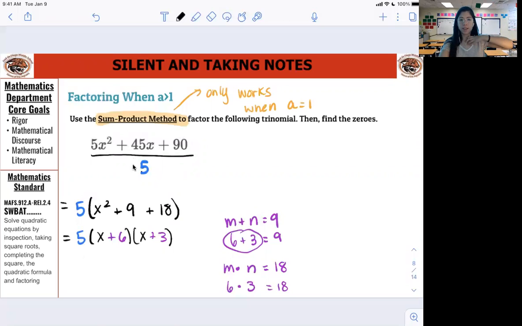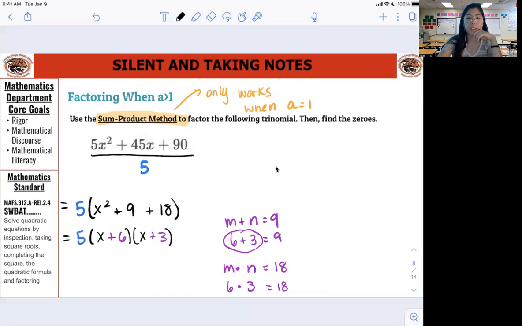The reason we did it is in order to take this leading coefficient and turn it into a 1. But we can't just ignore the 5. It's still there. It's still part of the original equation. It's just that it gets to live out in the front. And if you FOIL this, remember, foiling would bring you all the way back to what we started with. It's the opposite. So if you FOIL this, you'll end up with the same exact function.